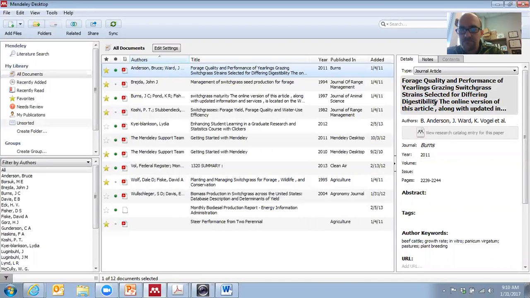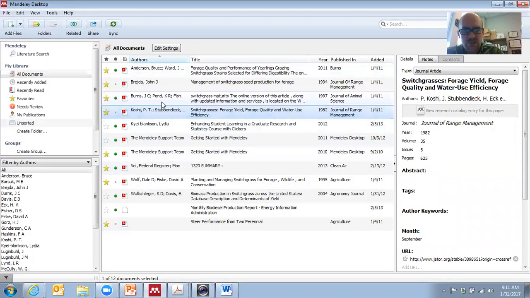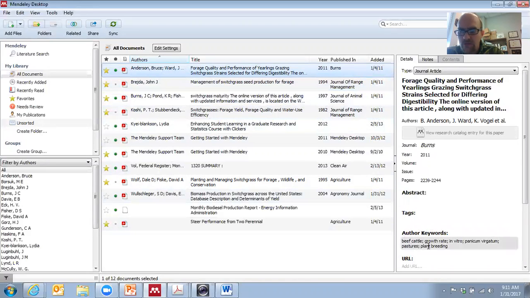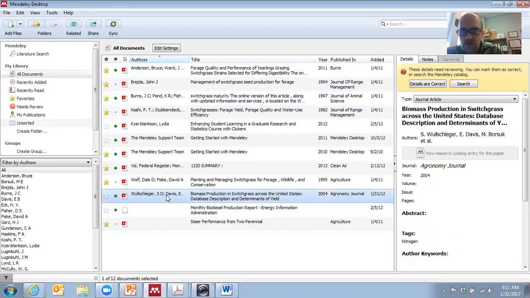And to organize it, you can create these tags. You can tag with whatever keywords you want to. Here are some author keywords that come up, and those can be useful as well. Here's a tag. This one's nitrogen.